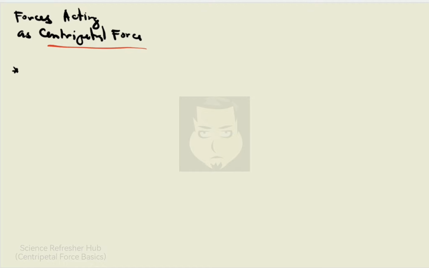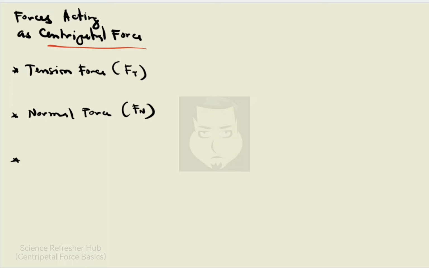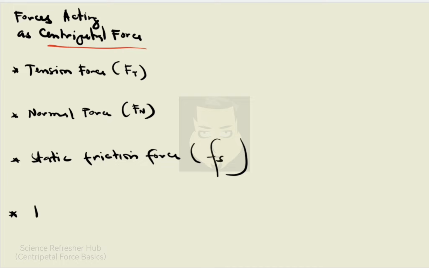Let's say, for example, we have the tension force, or Ft, and we have the normal force, Fn, and we have the static friction force, which in physics, since it's static, must be Fs. Sometimes a common force that helps as an additional force for the centripetal force is the gravitational force, or Fg. Okay, let's talk about each force.